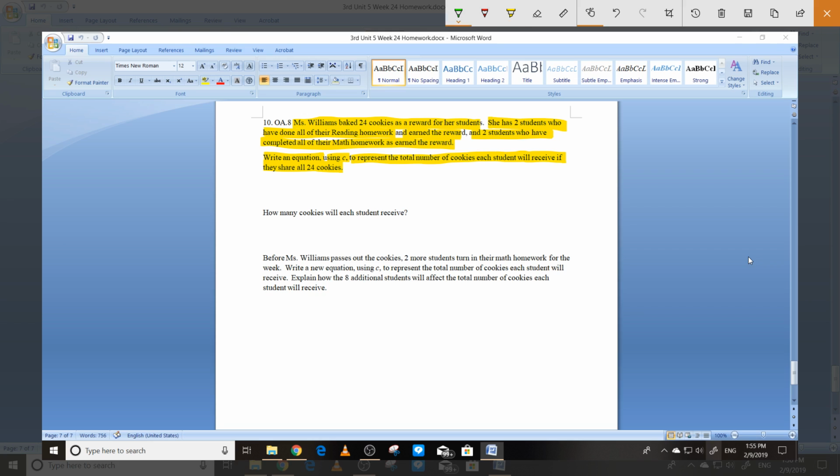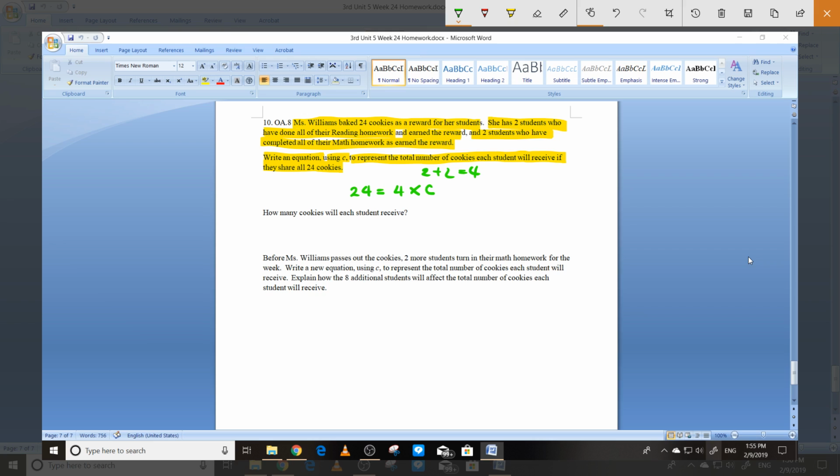So how many kids do we have? We have 2 plus 2, which is 4 kids, right? If there are 24 cookies in all, and we have 4 of them, then 4 multiplied by C will give us 24 cookies. That should be your equation.